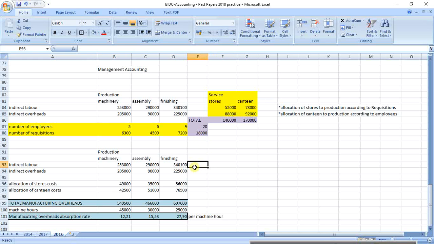Then the last question here. Bruno Limited has been approached by a customer to quote for one of their products. This will require the following: direct materials, that many kilos at that price per kilo, direct labor of that many hours at that price.